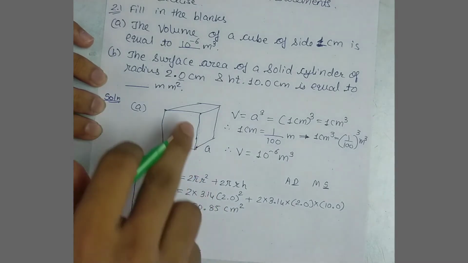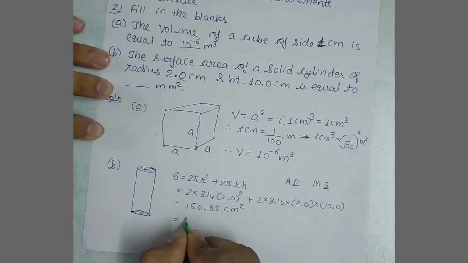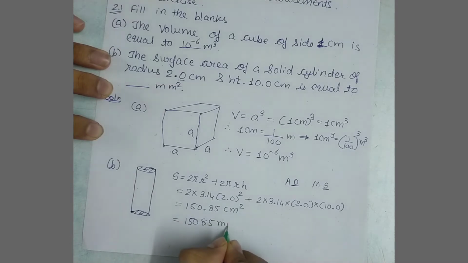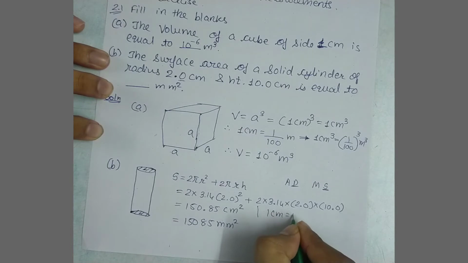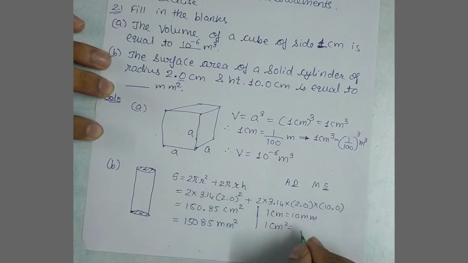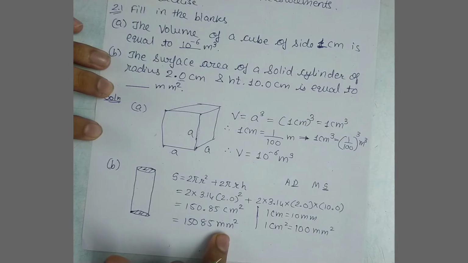But here we have to obtain the answer in mm square. How? 1 centimeter is equal to 10 mm. So 1 centimeter square, squaring on both sides, gives us 100 mm square. So multiplying by 100 in this answer, we will get 15085 mm square.